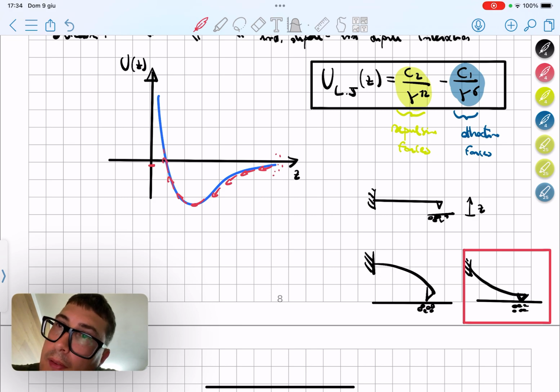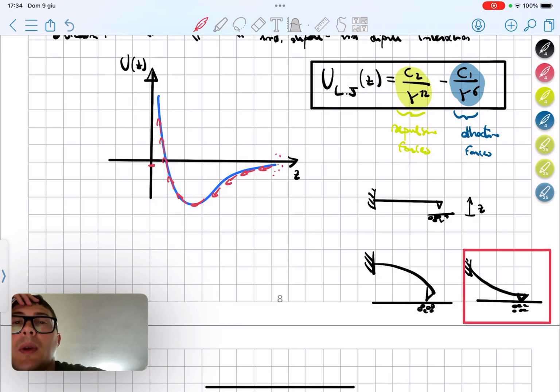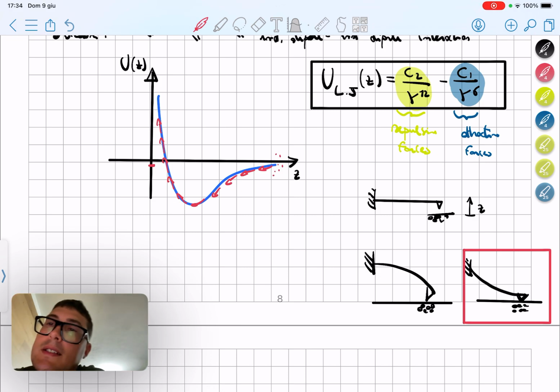So if we decrease z below this z naught, the forces become repulsive, and the Lennard-Jones potential grasps this fact.